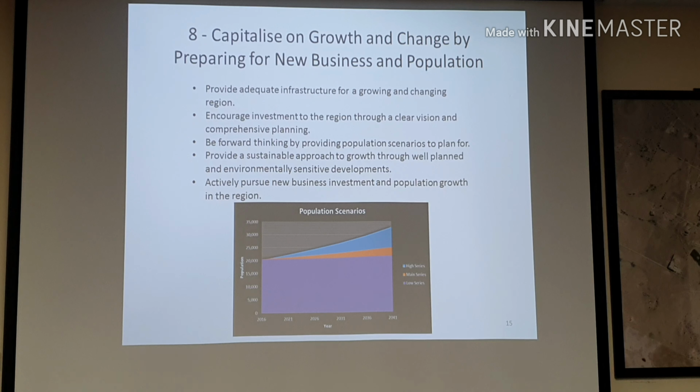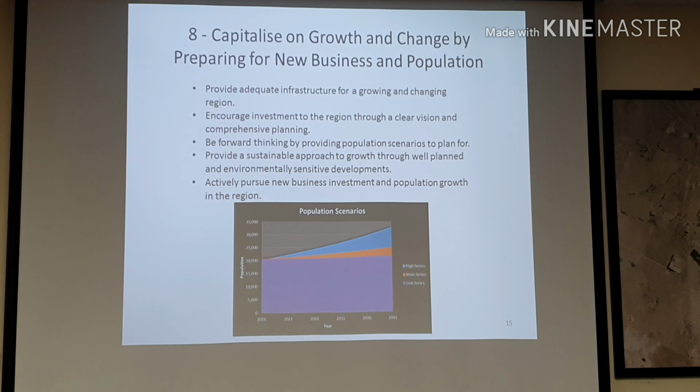So planning priority 8 is capitalise on growth and change by preparing for new business and population. This is very much about planning for future growth scenarios, whether they're a low growth scenario, a main growth scenario, which is most likely to happen, or a high growth scenario.